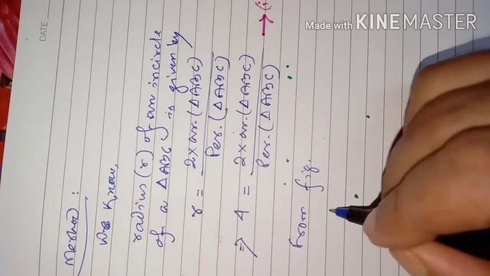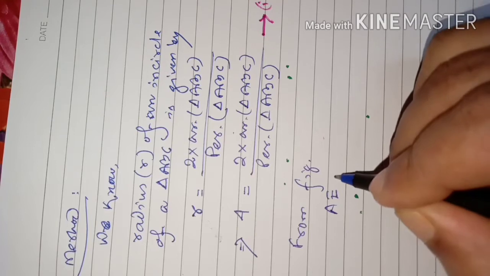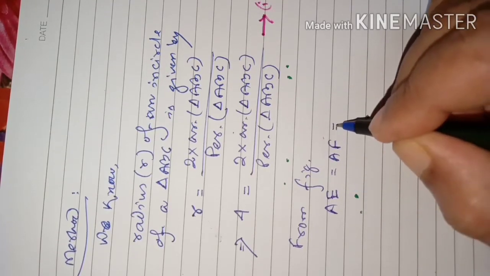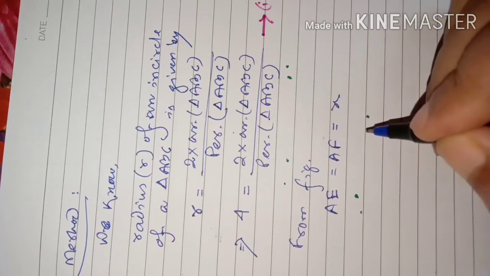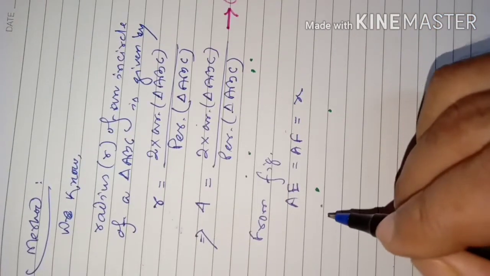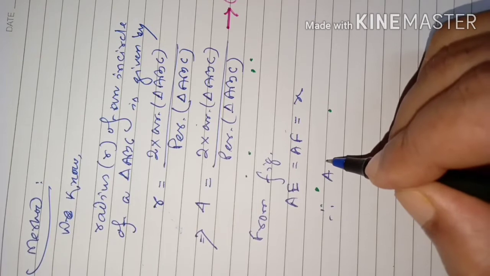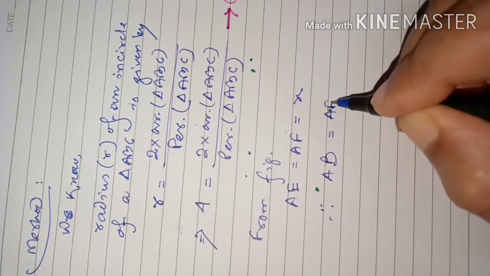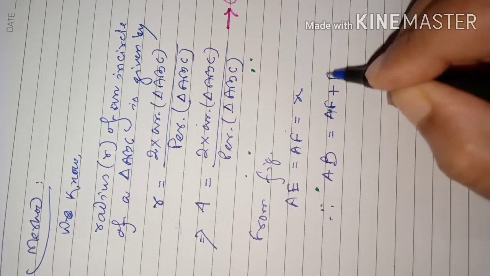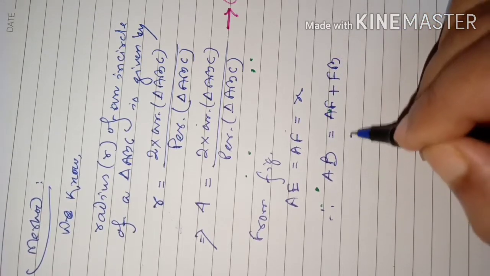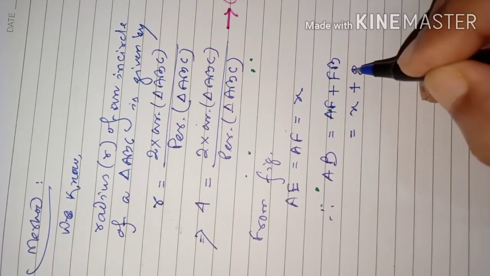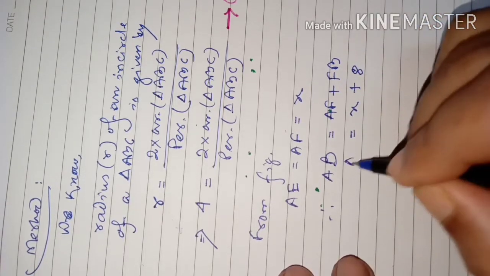From figure AE equal to AF equal to x. Okay, therefore AB equal to AF plus FB. So AF is what? x, and FB is what? 8. That is AB.